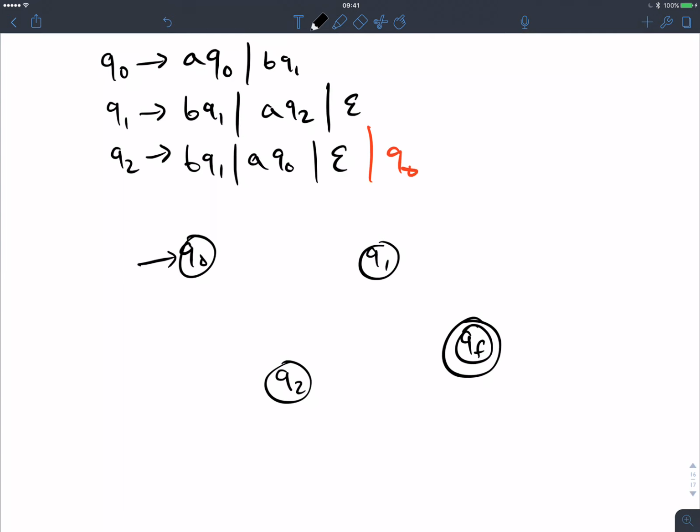Q0, assuming that the grammar was the same. What are the transitions going to be? The self loop on A, Q0 to Q1 on B. Q1 does a self loop on B. Q1 goes to Q2 on A. Q1 on epsilon goes to the final state.